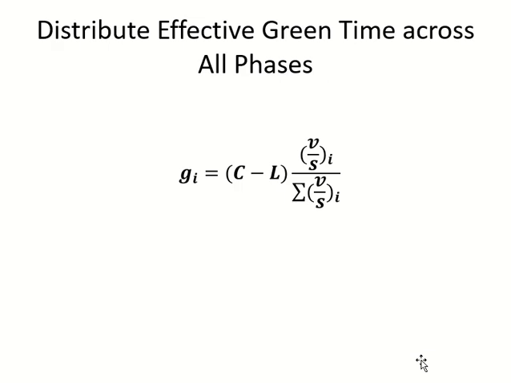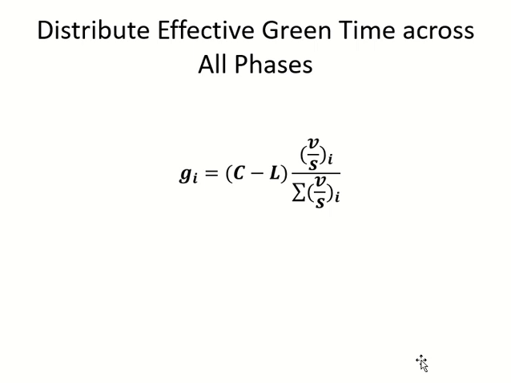Once you have calculated the total effective green time, then you can calculate the effective green time for each phase, for each movement. So C minus L is what? C was cycle length, L was lost time. It will give you the total effective green. So we are dividing total effective green according to the V by S ratio.